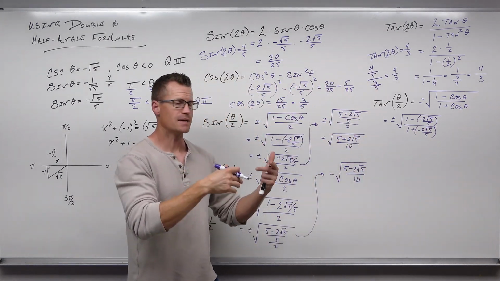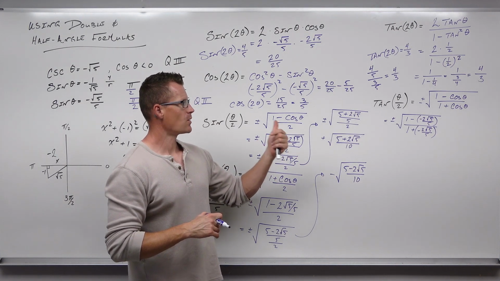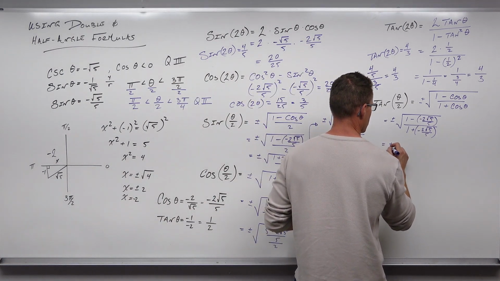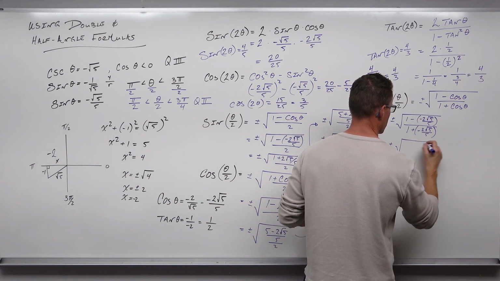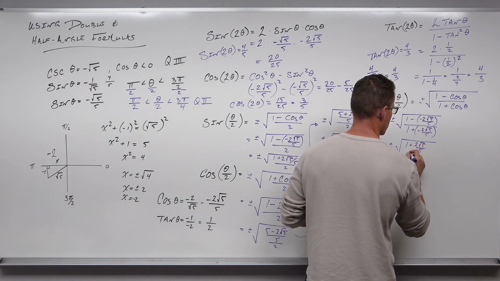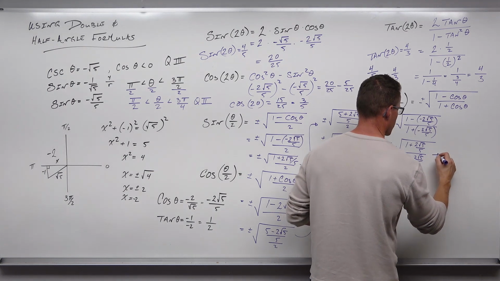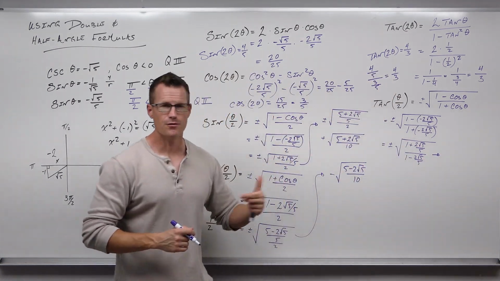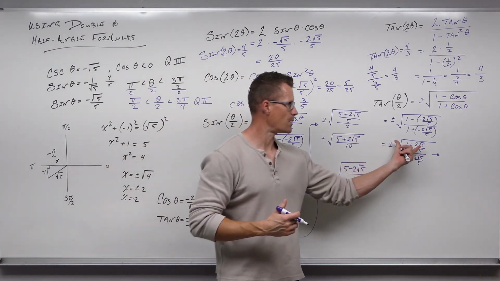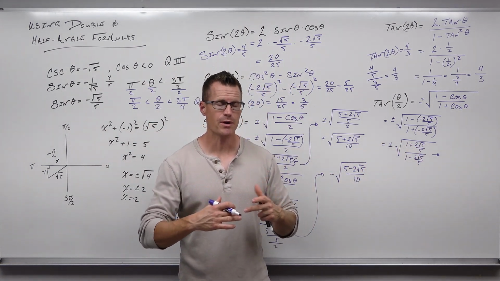So 1 minus a negative, it's going to give us 1 plus 2 square root 5 over 5, divided by 1 minus 2 square root 5 over 5. With our common denominator of 5 there, you can do a couple things. You could find a common denominator here and here, or you could multiply both the numerator and denominator by 5.